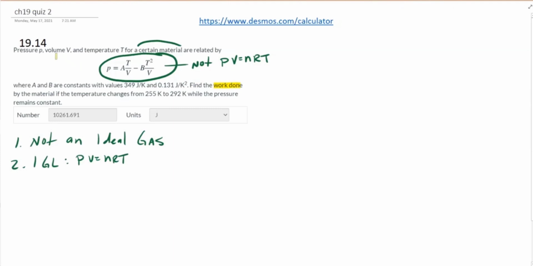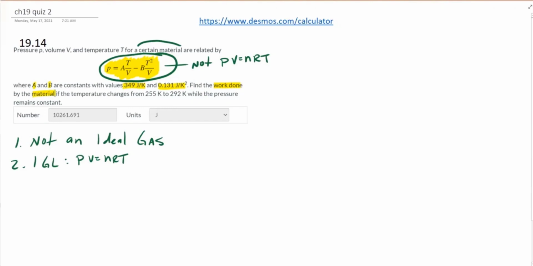So pressure P, volume V, and temperature T for a certain material are related by this, which again is not the ideal gas law, but they are related at least, where A and B are constants. A has a value of 349 with some units. B has a value of 0.131. And then your job is to find out the work done by the material.